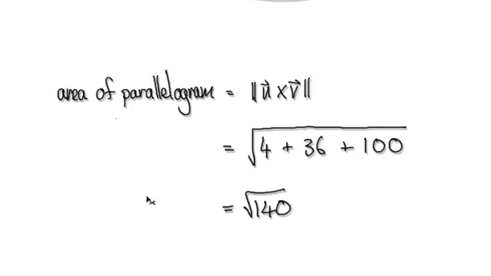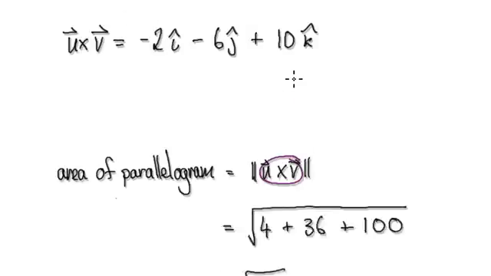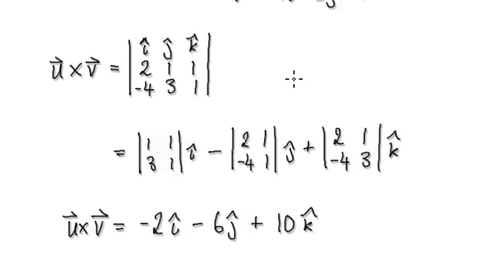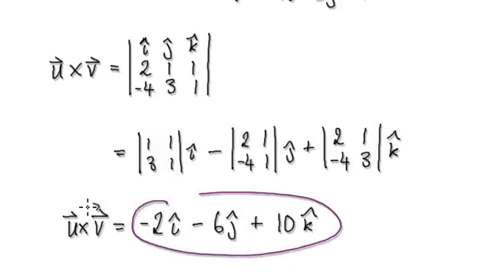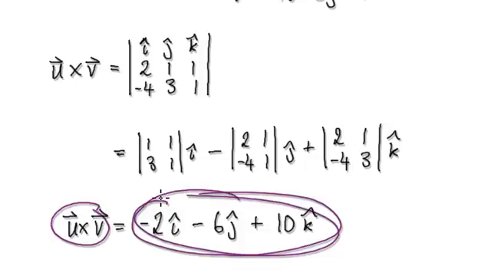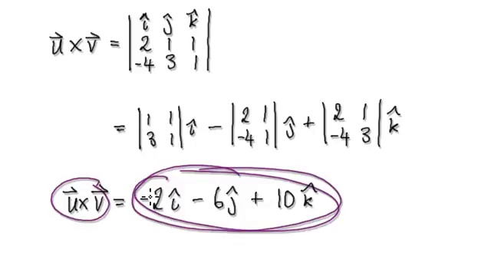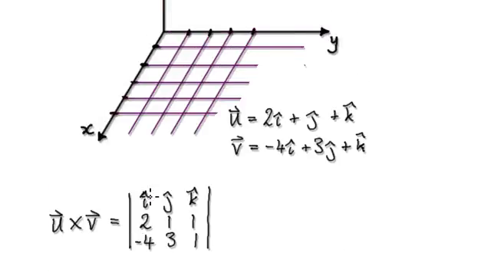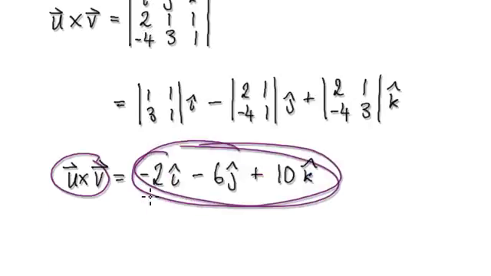The area of the parallelogram will be found by taking the magnitude of the cross product. We've just computed this cross product, which is that perpendicular vector. If you want to know the area of the parallelogram, remember there's a theorem that says the area of the parallelogram is equal to the magnitude of this vector.